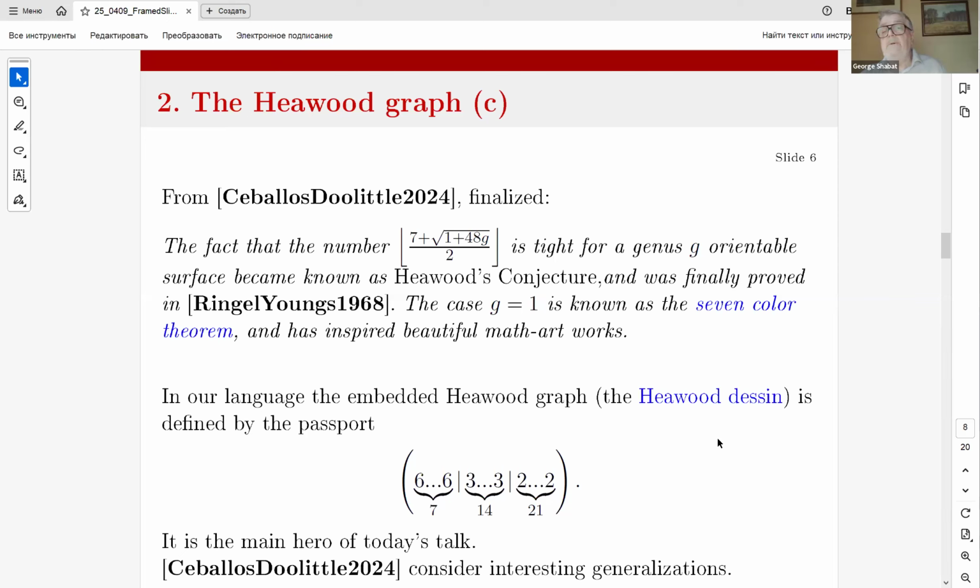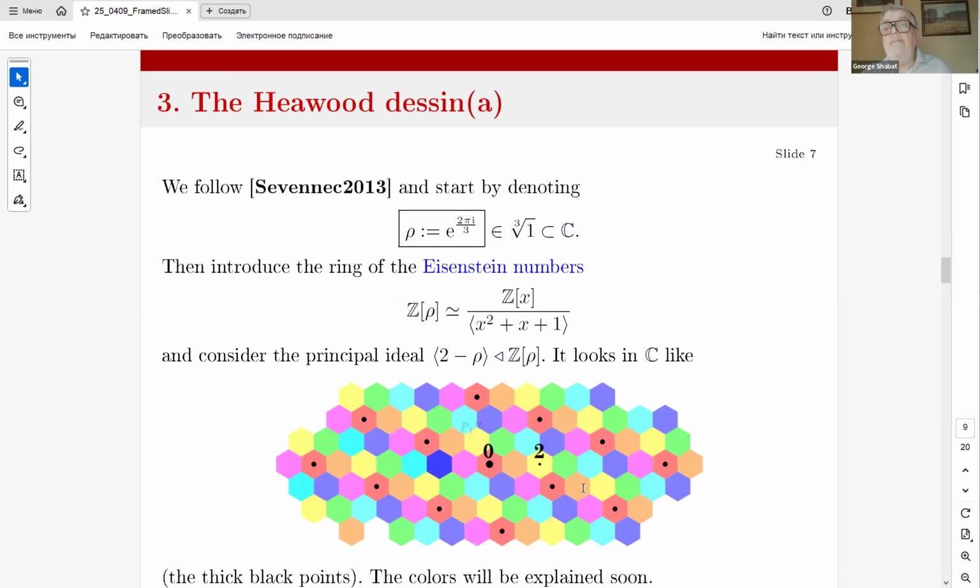Now let's turn to our language, and instead of Heawood graph that is famous for its embedding into the torus, just rename it into the Heawood dessin, and we can count its elements and see that this is the problem of realizing this very symmetric passport.